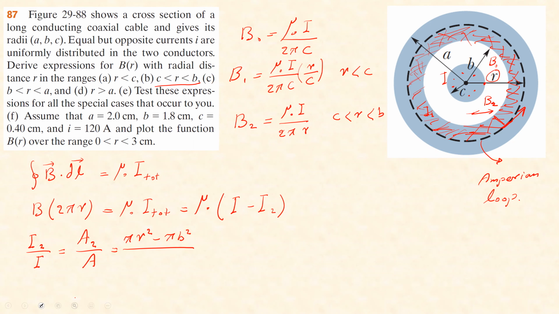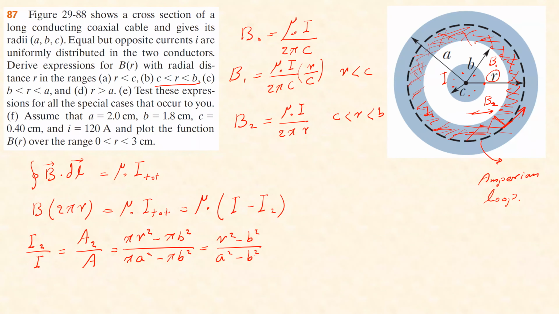What about total area? Pi a squared minus pi b squared, right? The total area of the outer shell. And you see that pi cancels out. And therefore, I2 over I becomes r squared minus b squared divided by a squared minus b squared, right?